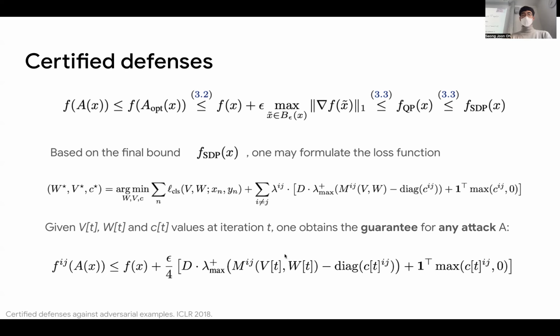But still, it's meaningful in the sense that you get some certificate of defense, meaning that there's a sure guarantee that whatever perturbation you have within this LP ball, your loss is only bounded to a certain level. So this is theoretically meaningful, but probably not so meaningful in practice yet.